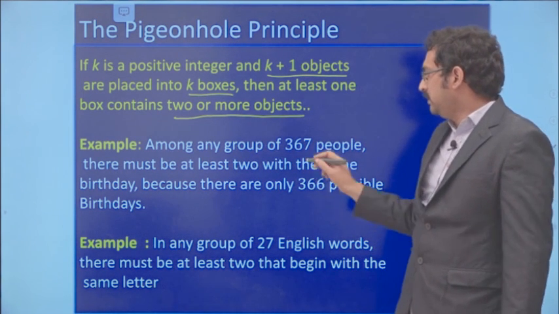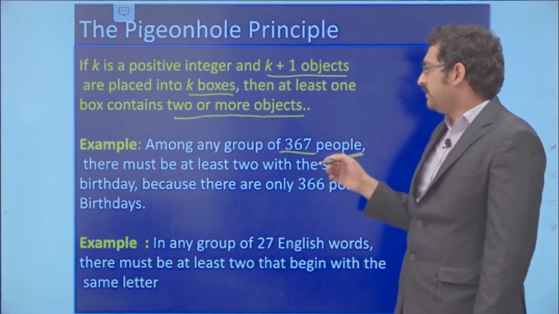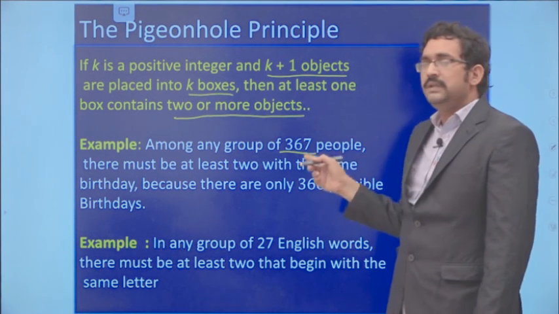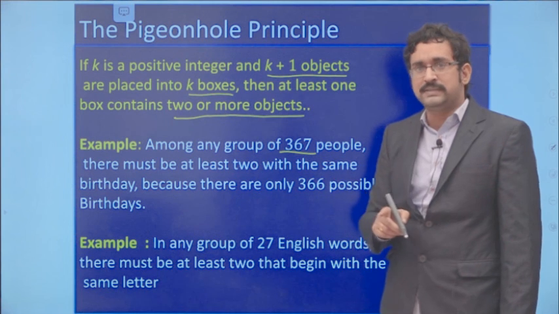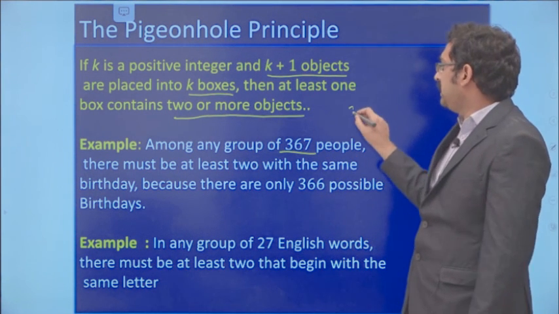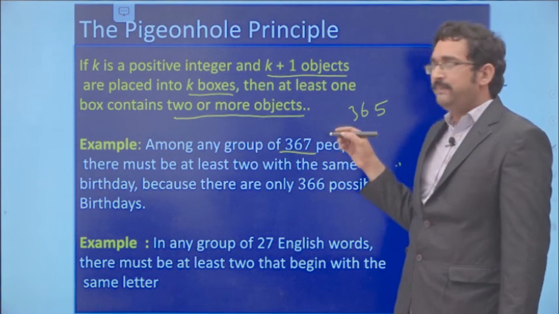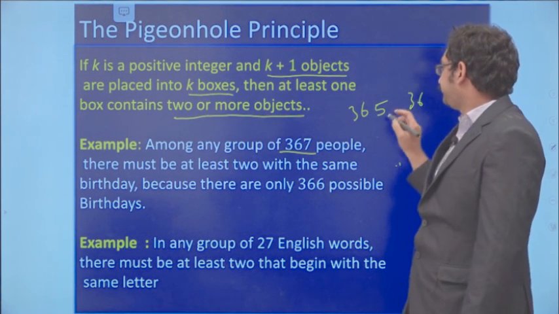See one example. Suppose there is a group of 367 people. Among a group of 367 people, there will be at least 2 persons who have the same birthday, because we know the number of days is 365, and in case of a leap year, 366.